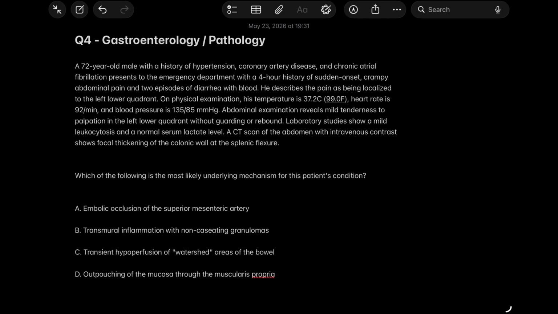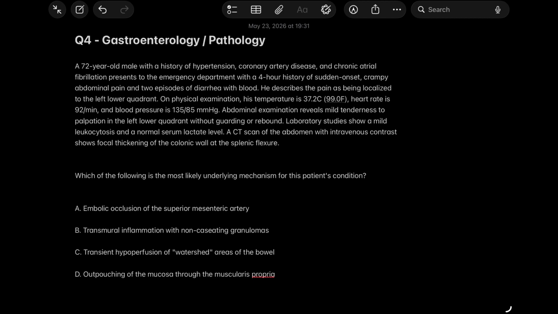And additionally, more importantly, the vascular history of this patient points to another etiology. And finally, D, diverticulosis or diverticulitis might present similarly to this patient, because diverticulosis and diverticulitis typically present in elderly patients and also have left lower quadrant abdominal pain. But diverticulosis typically has painless diarrhea with bleeding.